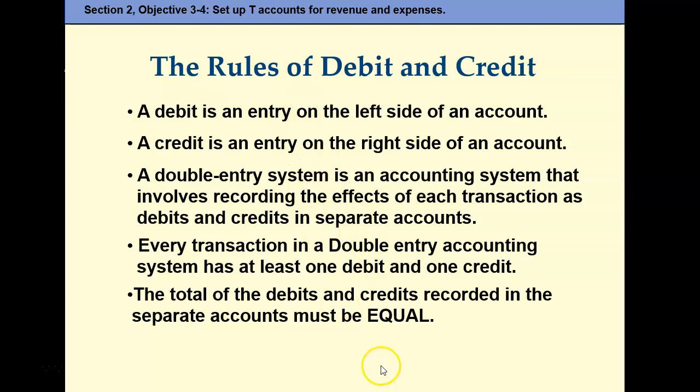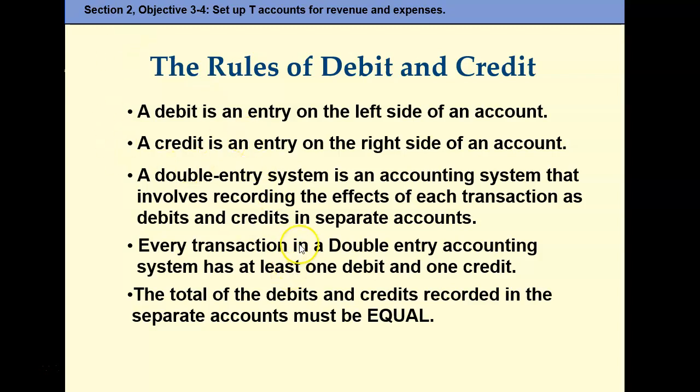So here is a summary of the rules of debits and credits. Debit means left-hand side of the account. Credit means right-hand side of the account. In a double entry accounting system, the effects of each transaction are recorded in at least two separate accounts, meaning that for each transaction, when you debit one account, you're going to credit a separate account.